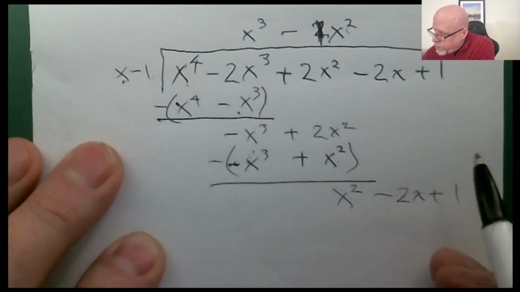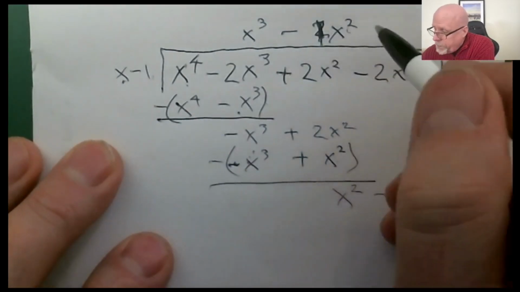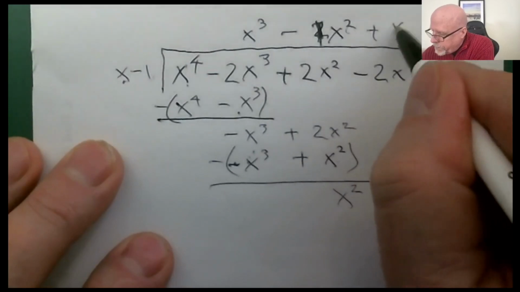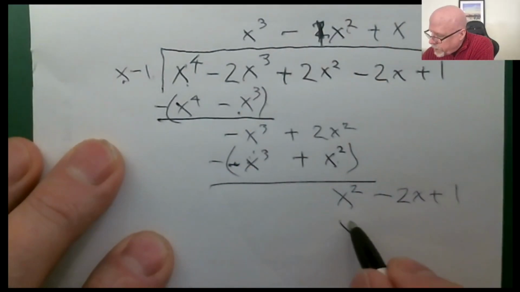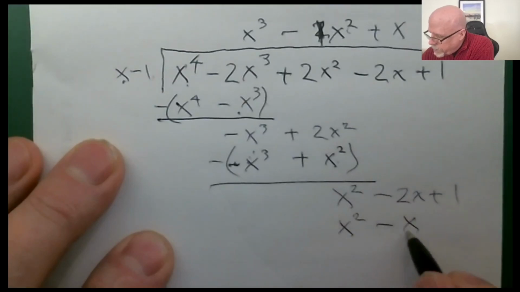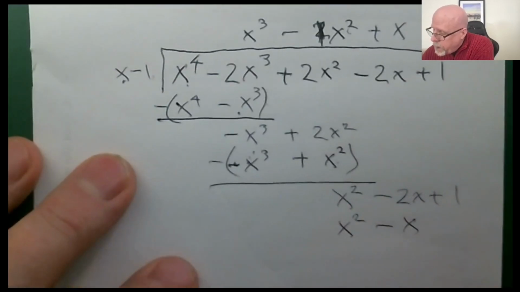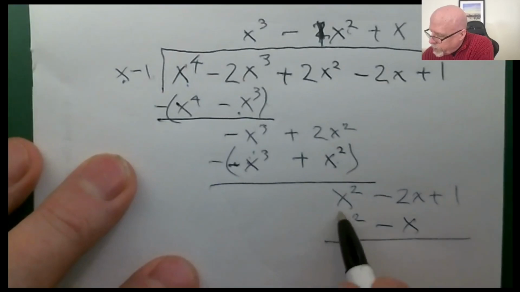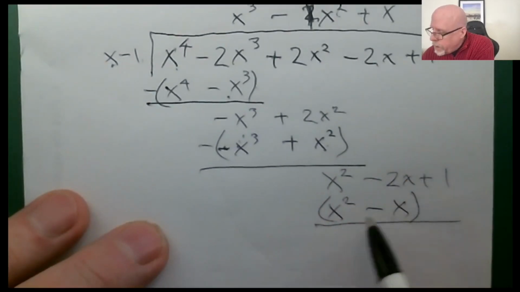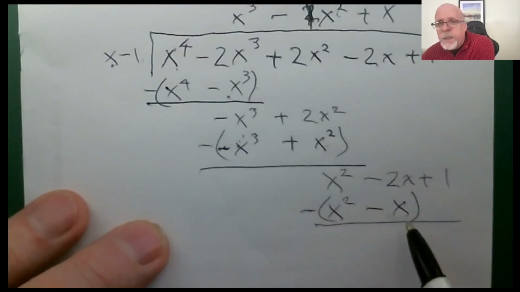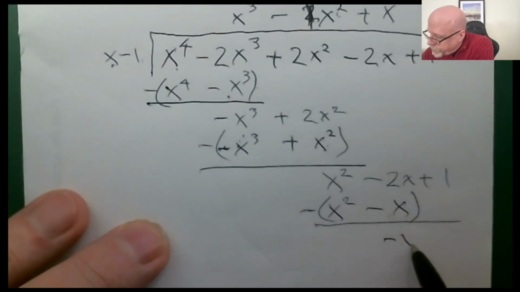x goes into x squared, x times, that's plus x. And x times x minus 1 is x squared minus x. That's kind of cool. When we subtract there, we are going to get negative 2 plus 1. So we're subtracting a negative. Negative 2 plus 1 is negative 1 x.